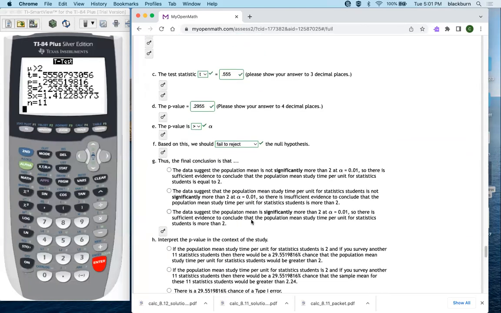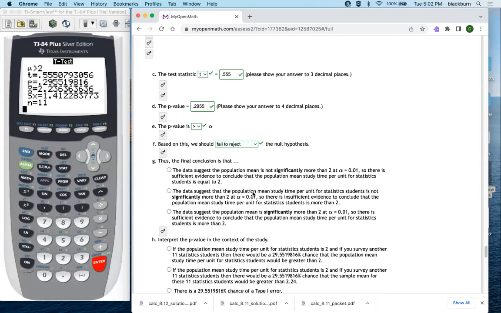All right. The first option says the data suggests the population mean is not significantly more than 2 at 0.01, so there is sufficient evidence to conclude the population mean study time for statistics students is equal to 2. That's not going to be correct because it needs to talk about rejecting.